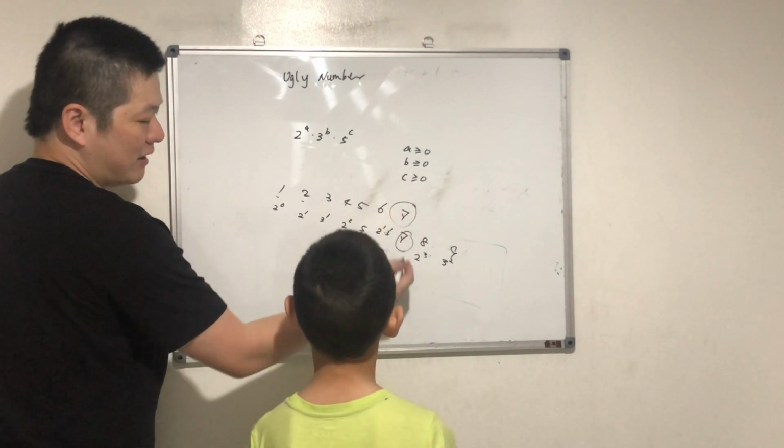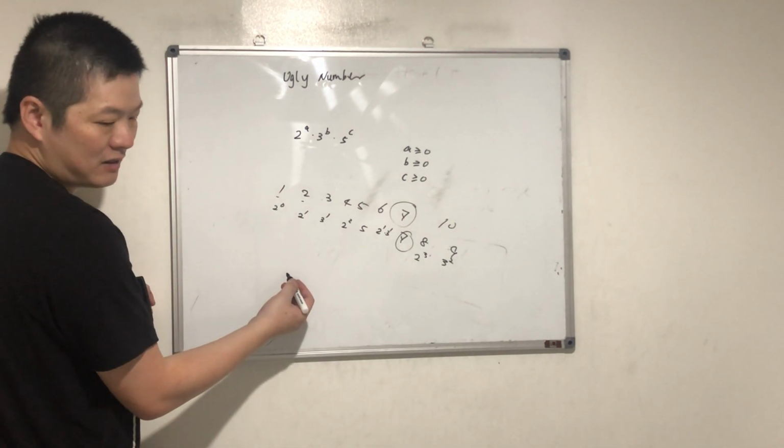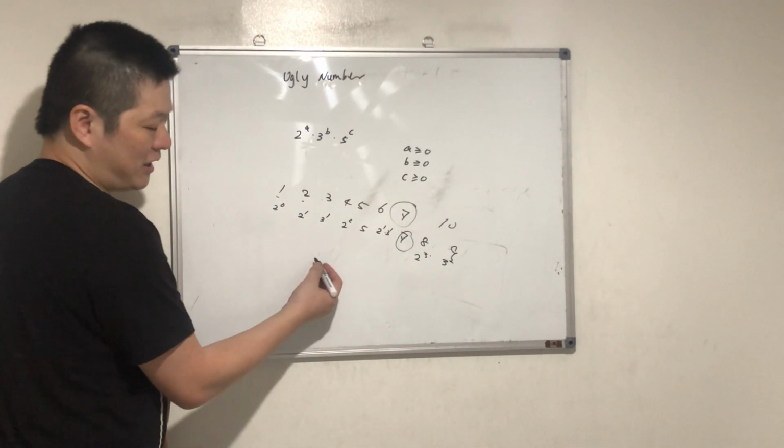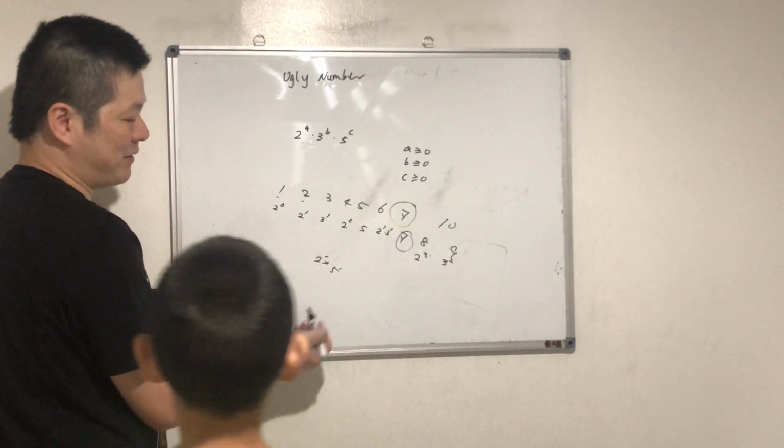10 is 2 times 5, so it's an ugly number because it's 2 to the power of 1 times 5 to the power of 1. How about 11?